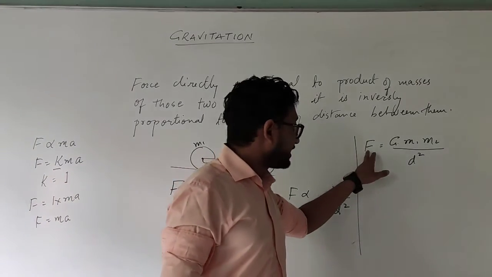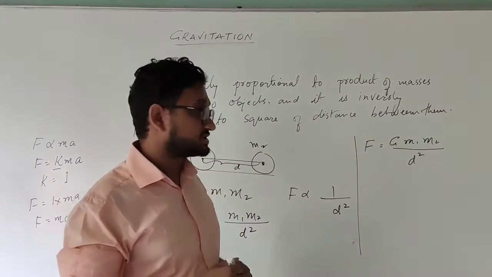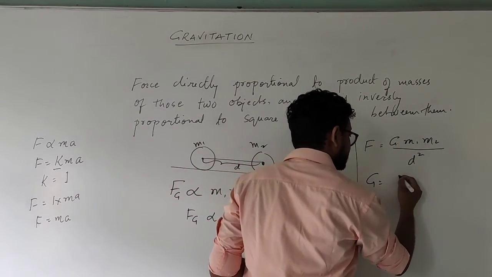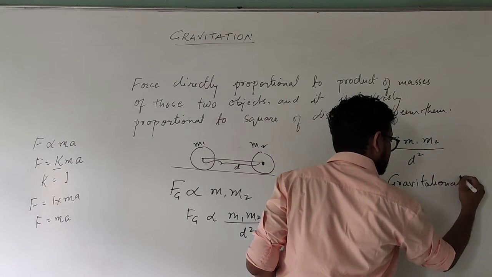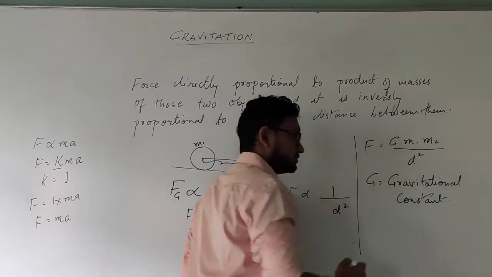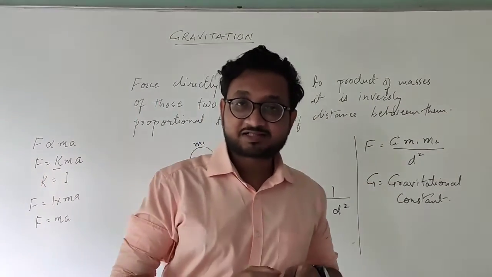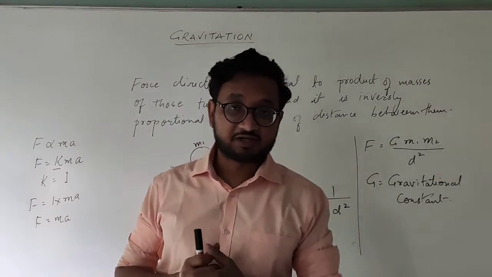Okay, where F is the gravitational force, G is the gravitational constant. Its value was found out by the scientist Henry Cavendish.